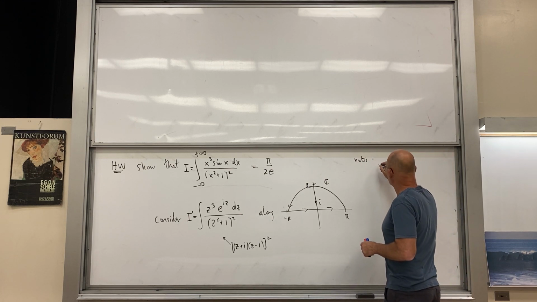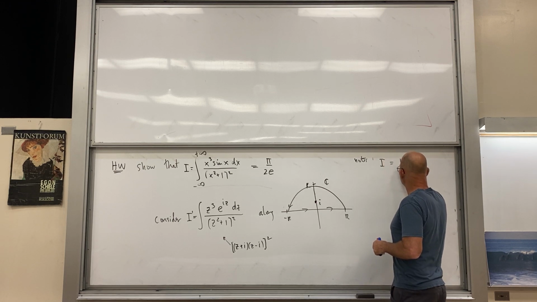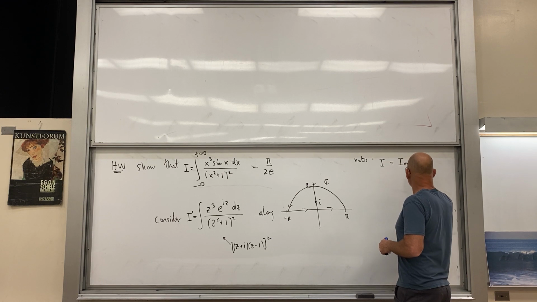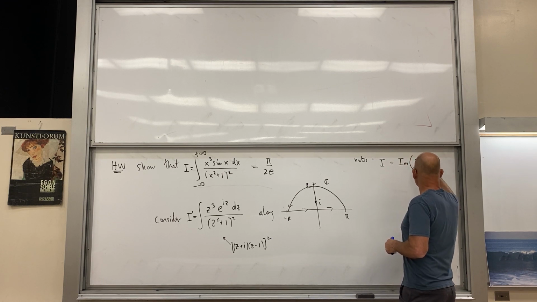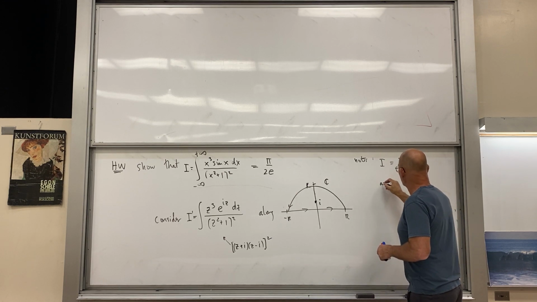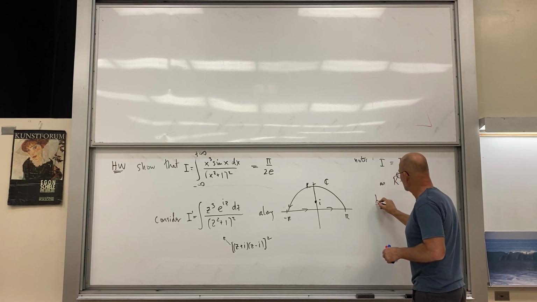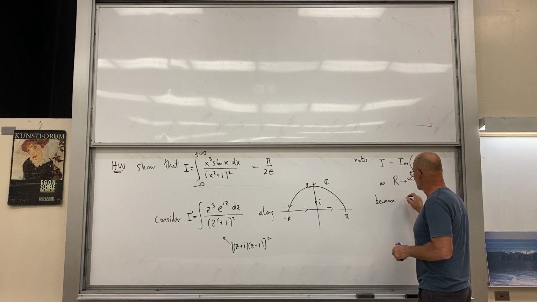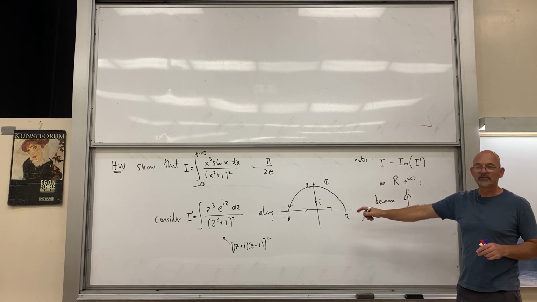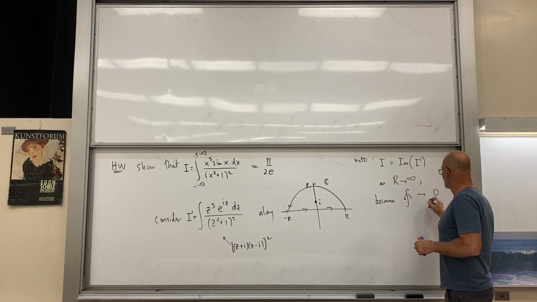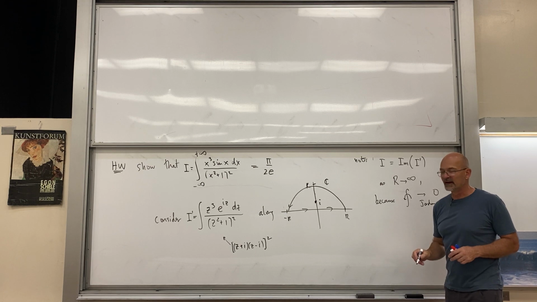So I is equal to the imaginary part of the integral I prime as r goes to infinity, because this upper arc here goes to 0 by Jordan as r goes to infinity.